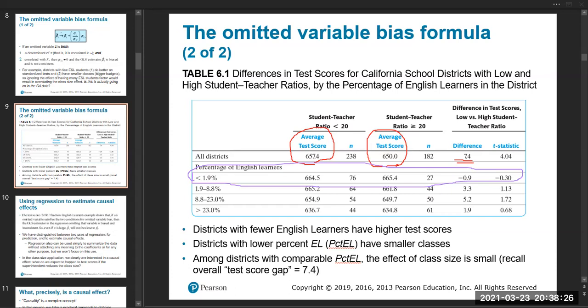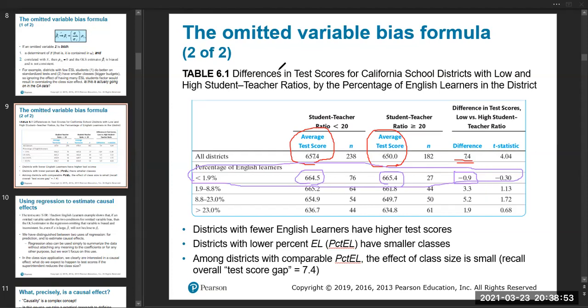And what's the difference between their small class and large class scores? Small class, 664.5. Large class, 665.4. There is only a 0.9 difference between small class and large class for these good English school districts. And the difference is not significant.